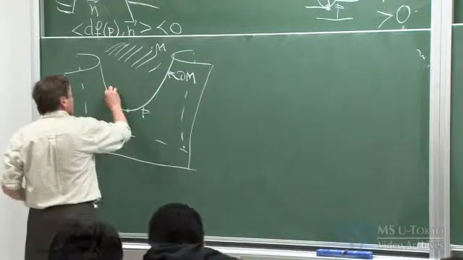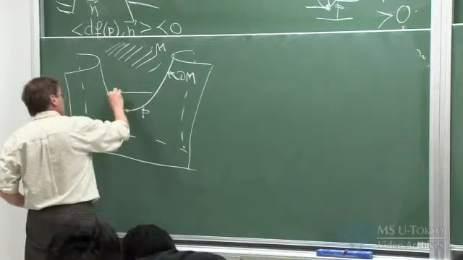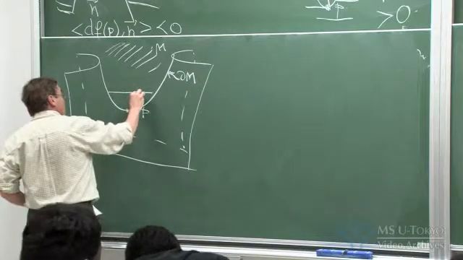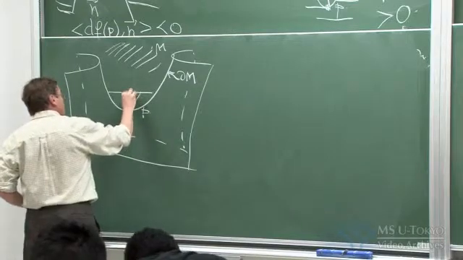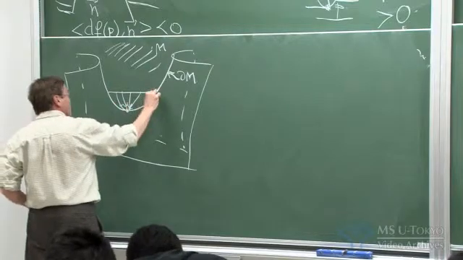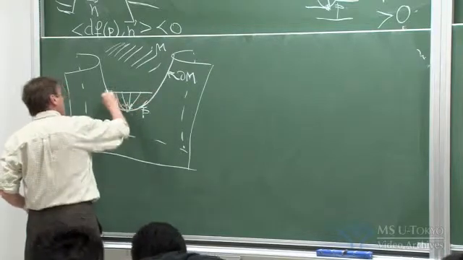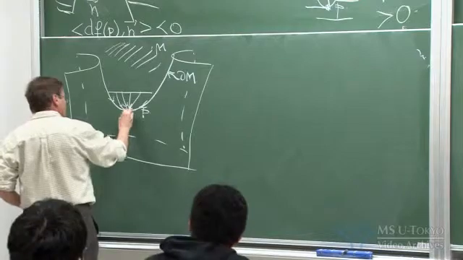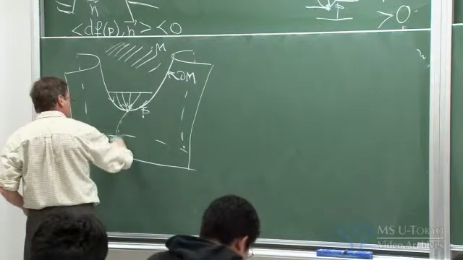And there is a local stable manifold like that, and it is like that. Here the index is 1.